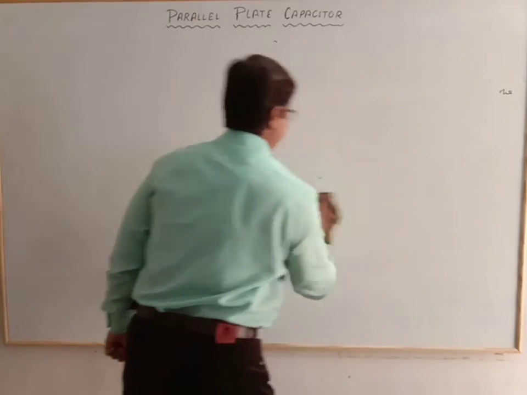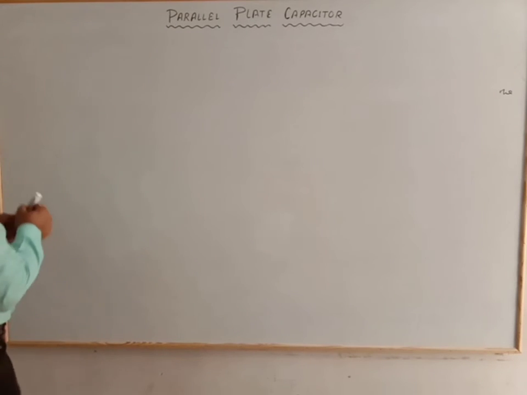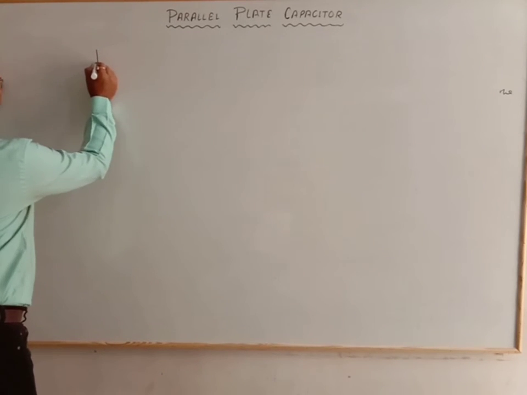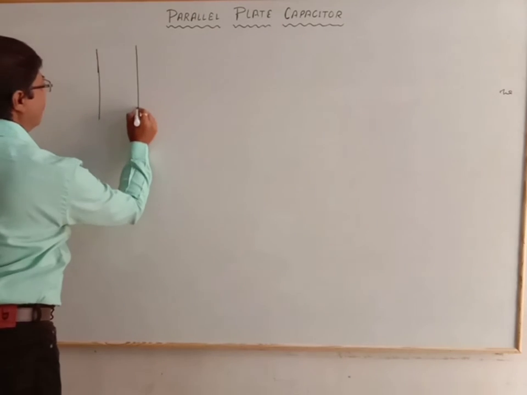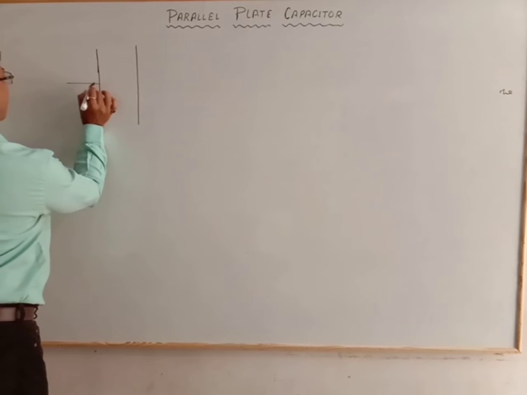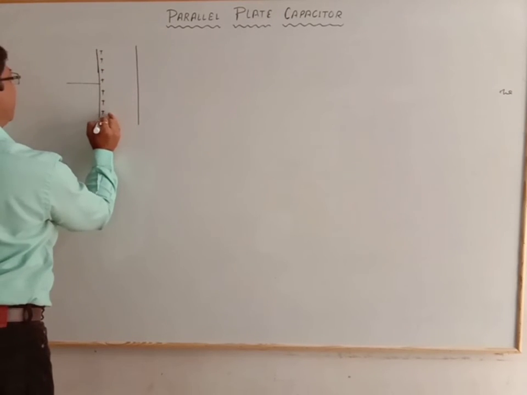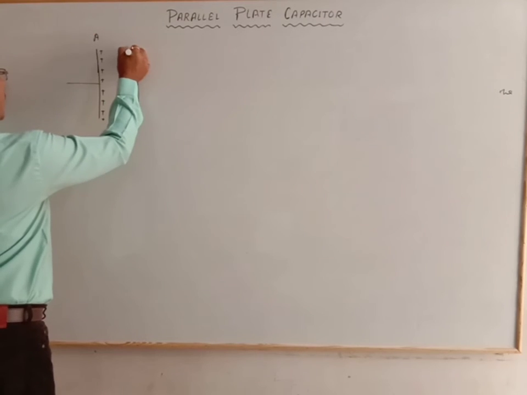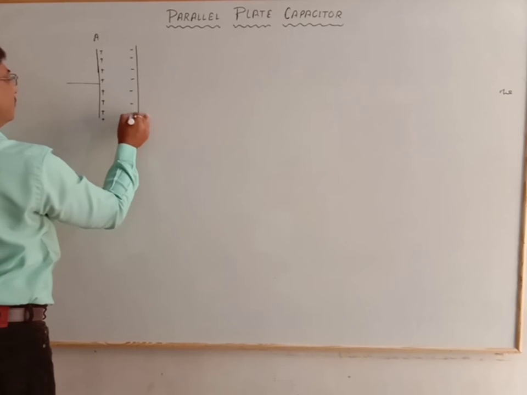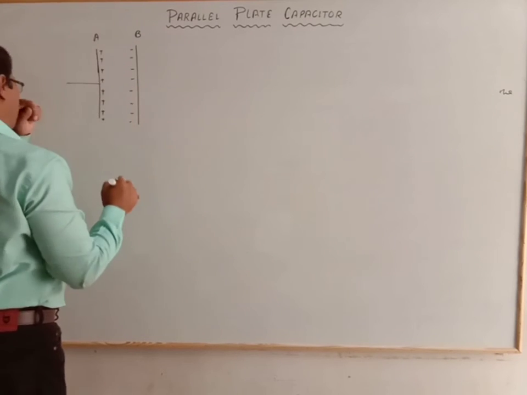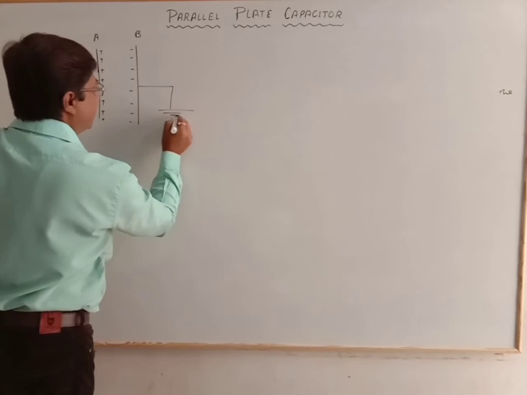See, this is the plate, and the charge is supplied or arranged in plate A. The induced charge is in plate B, which is earthed.